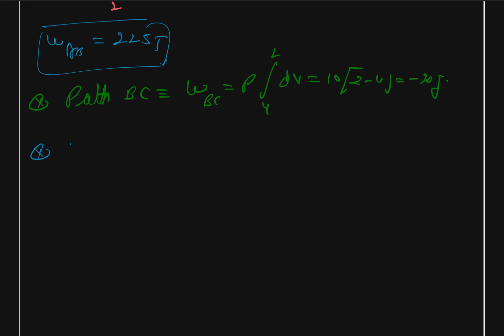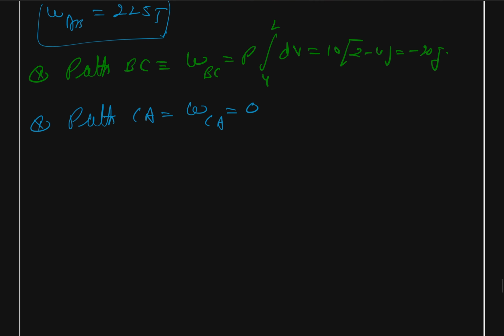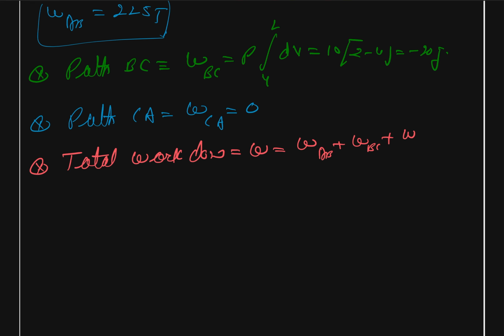So for path CA, because there is no change in volume, volume is constant, so WCA is equal to 0. Therefore we can write that total work done W is equal to WAB plus WBC plus WCA, and we substitute the values.